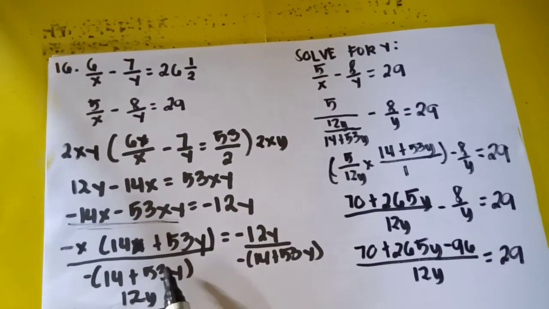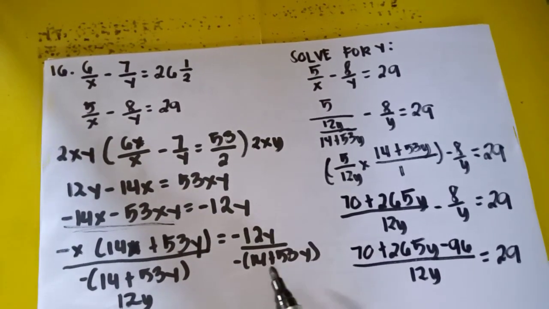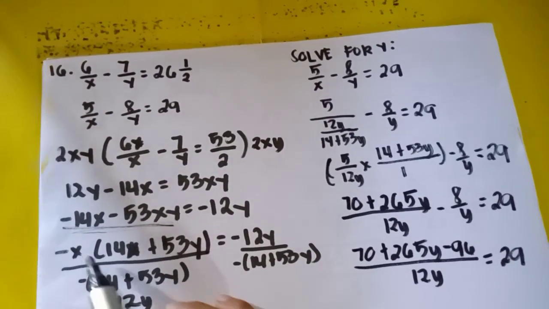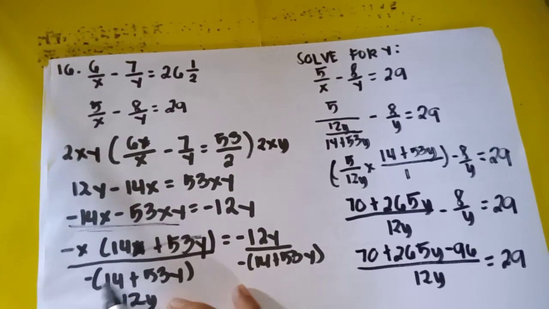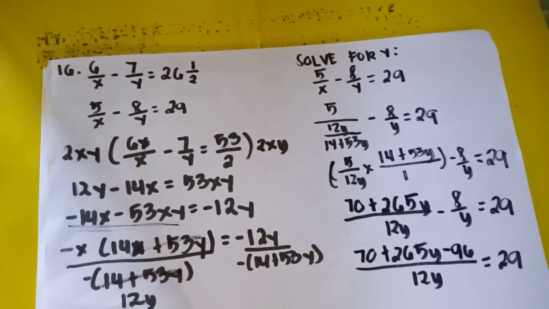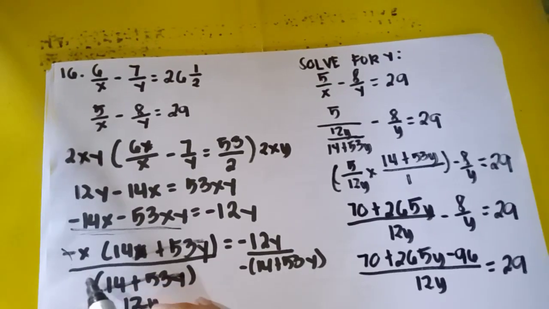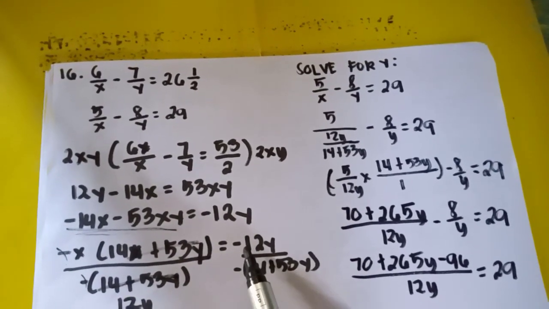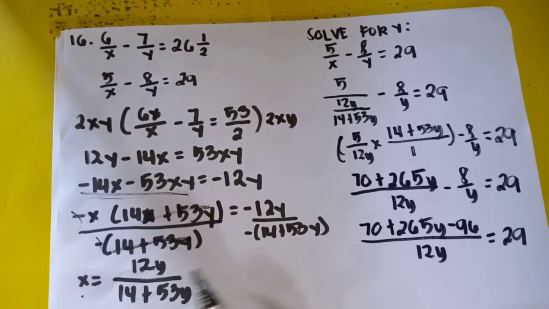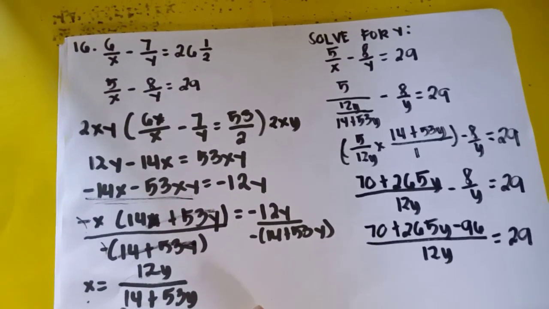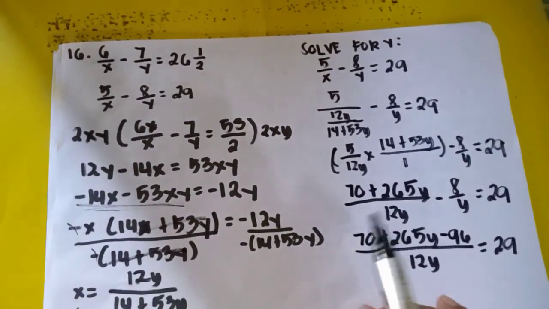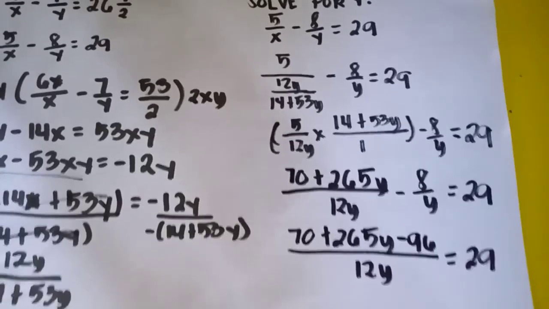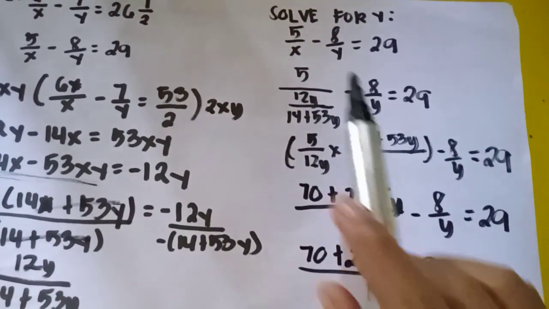Then divide both sides by negative 14 plus 53y. So, cancel. So what will be left is x equals negative divided by negative is equal to positive 12y over 14 plus 53y. And then now we will solve for our y.